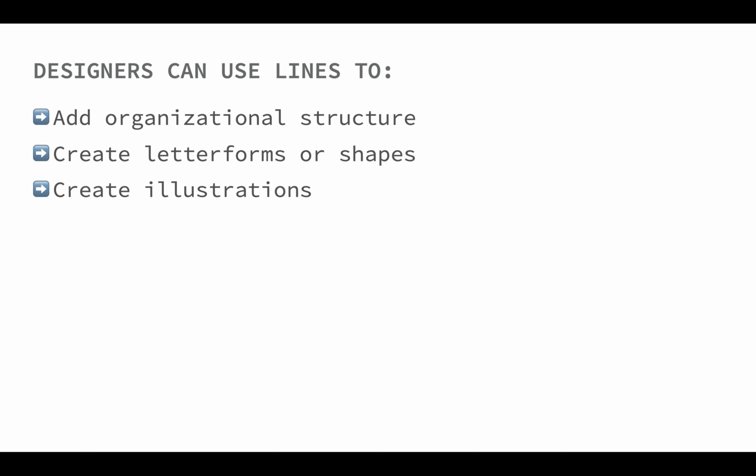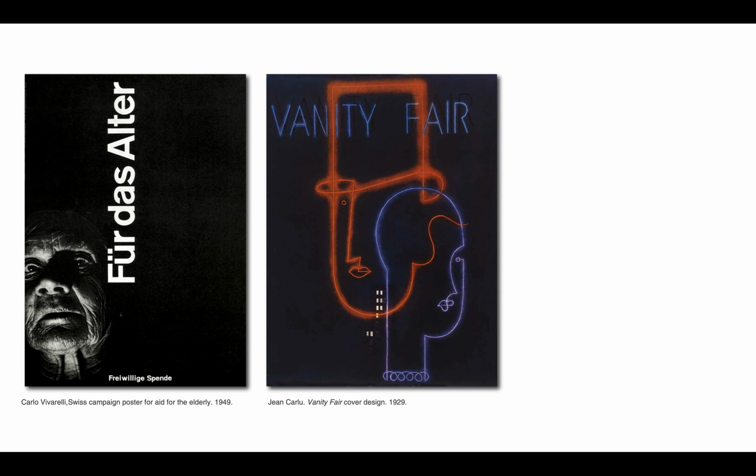We can help create organization. We can help guide the viewer into understanding, here's what's most important, second most important, etc. And again, we can use shapes and we can use letter forms. We can create illustrations using lines. So we get some variety here. We can make it real basic, using vertical, combining that with the horizontal or the diagonal use of the face in the lower left.